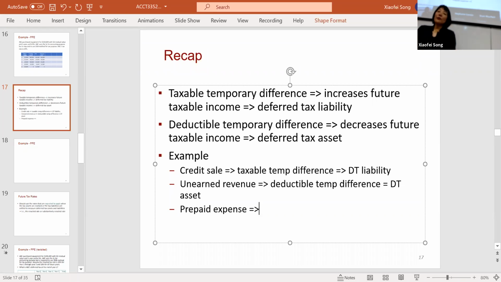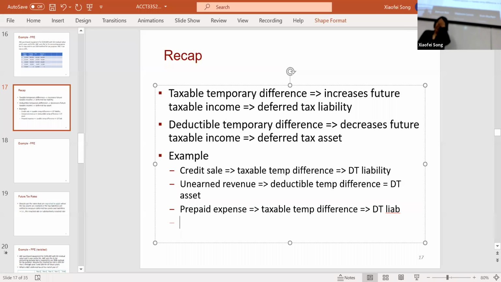So if you paid for this, like an insurance policy or rent upfront, you can deduct that amount you paid from your taxable income. But in the future, when you actually expense these amounts, you can't deduct from taxable income anymore. You already deducted for that purpose. So you have to add back that amount, right? So it's a taxable temporary difference. And that gives rise to deferred tax liability.